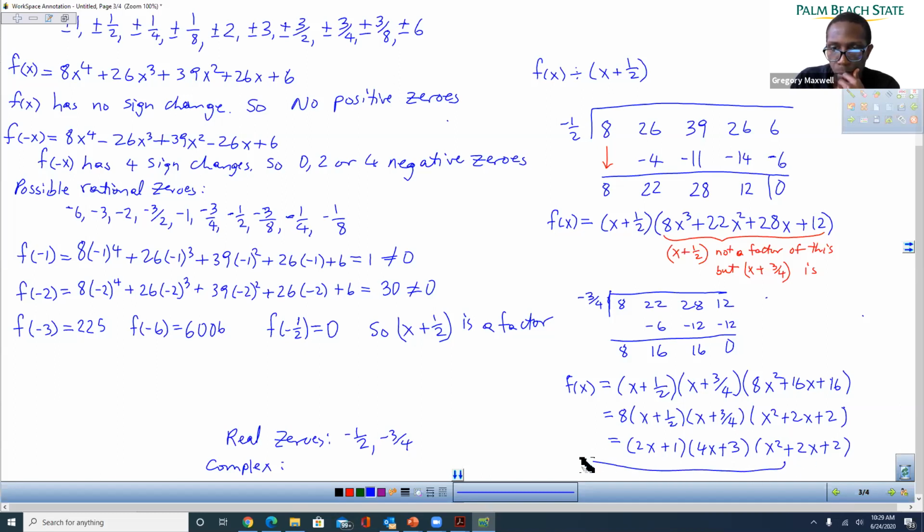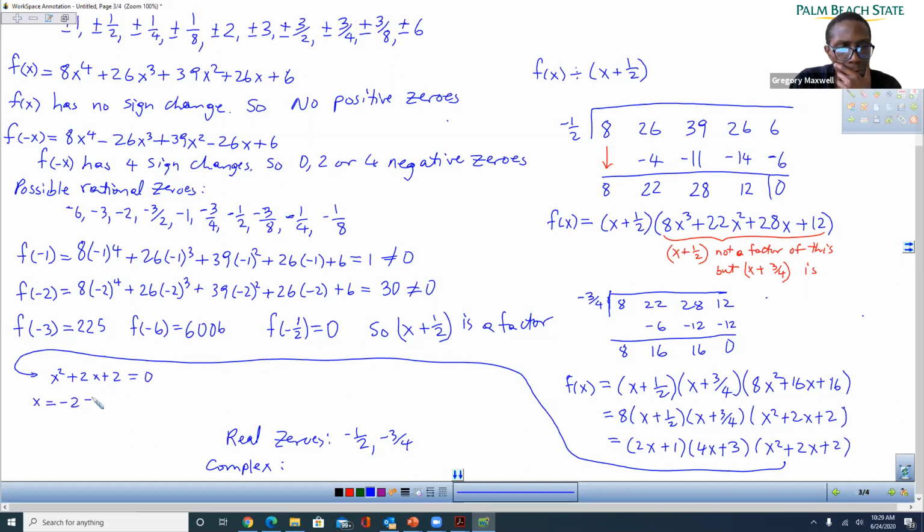So x is equal to -2 plus or minus the square root of 4 minus 8, which equals -2 plus or minus 2i over 2.